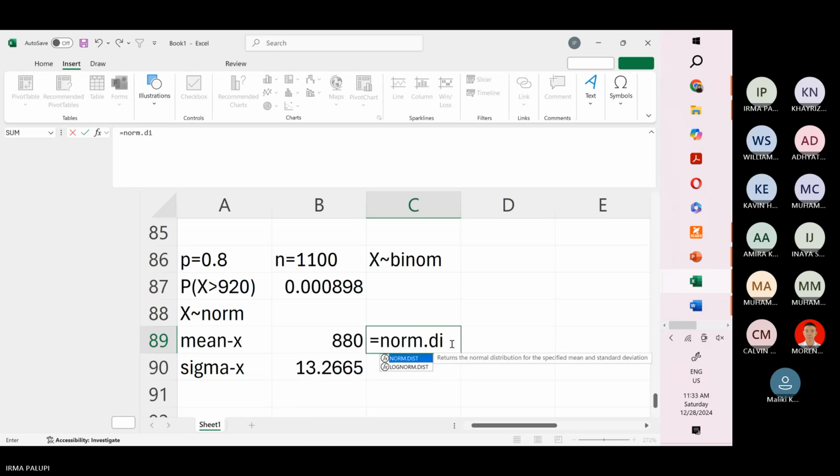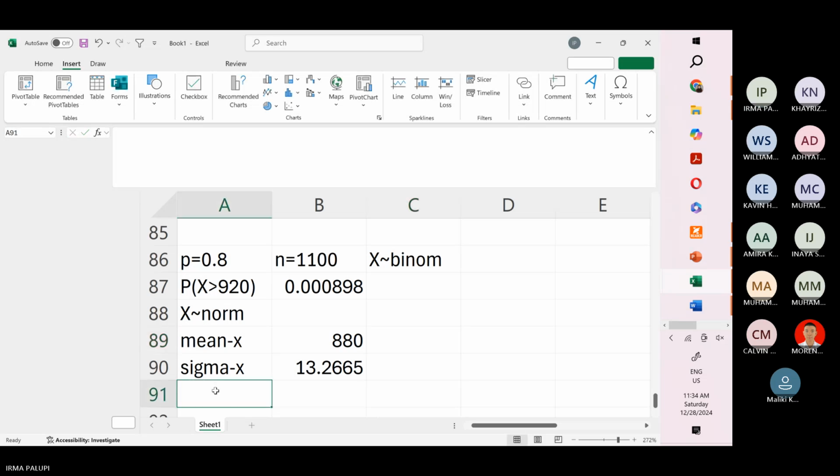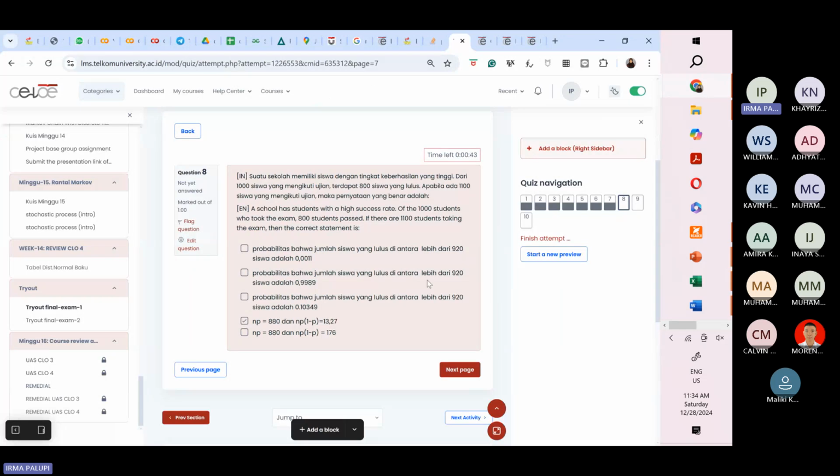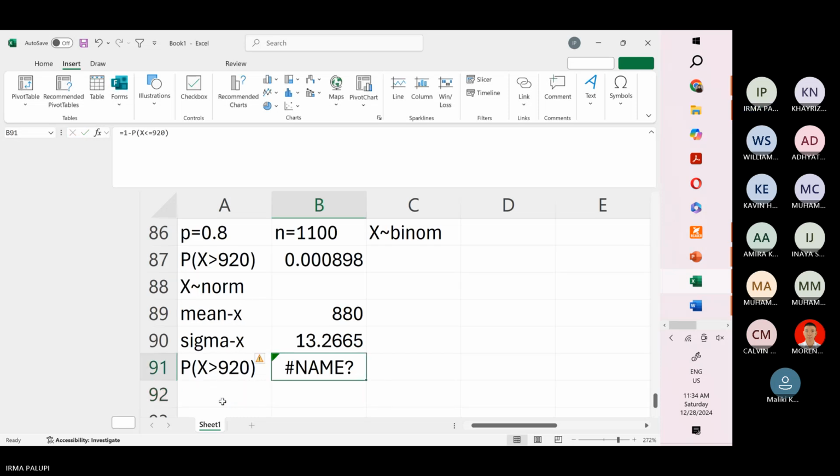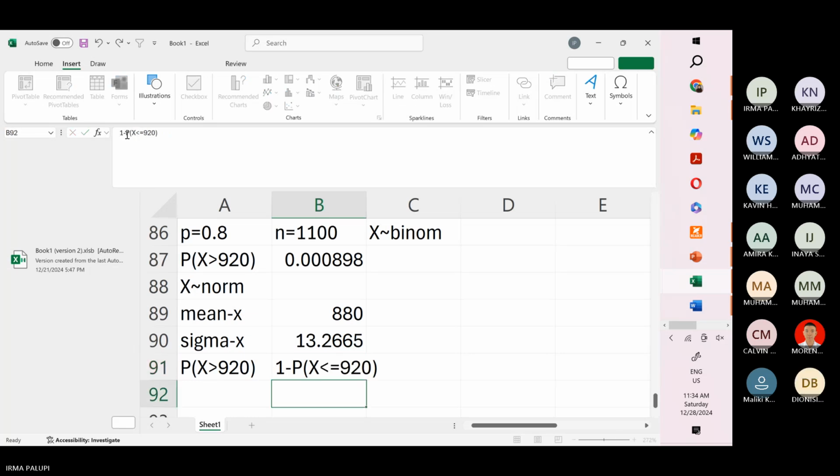This is the normal distribution. P(X less than or equal to 920) is equal to 1 minus... we need an interval adjustment since we approach a discrete distribution using a continuous distribution, right?